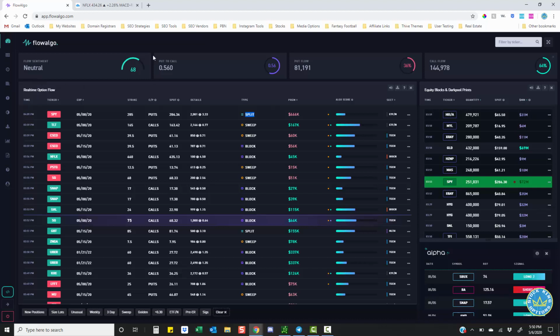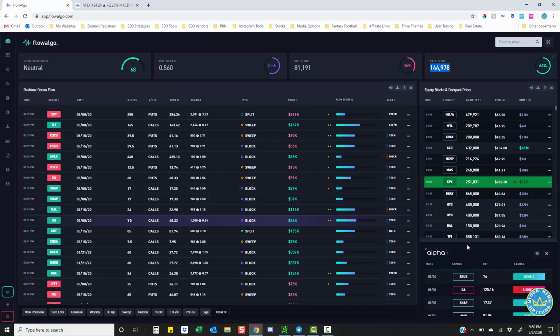Just as a quick view here, it shows for the day kind of a neutral flow to everything. It would show bearish or bullish. Put to call ratio, put flows, how many put orders were in and how many call flows were in.